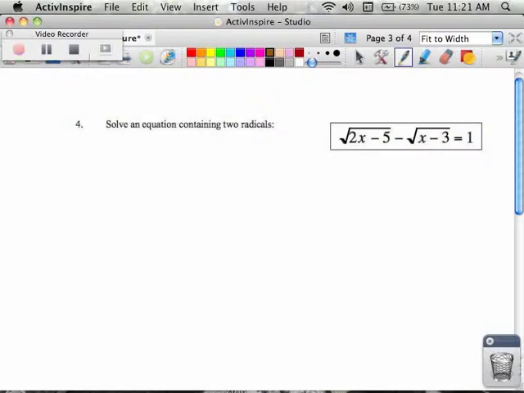Okay? Here we go. I like to get the one that's the most complicated by itself, because I can get rid of that one first. So I'm going to isolate the 2x minus 5 one to start with. And if I do that, I get the square root of 2x minus 5 equals 1 plus the square root of x minus 3.